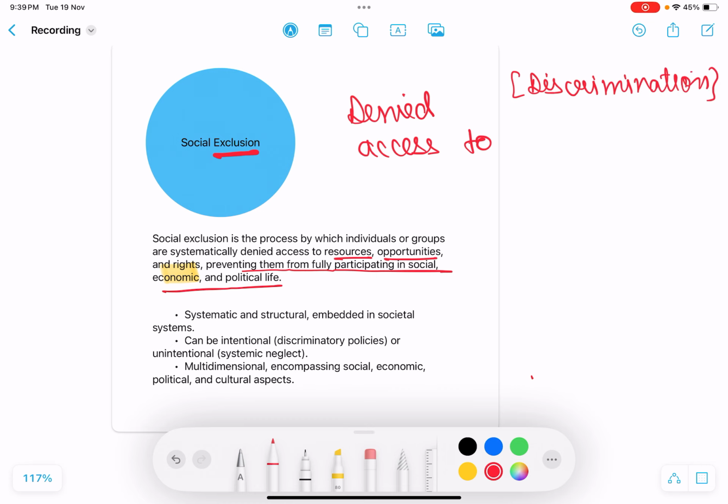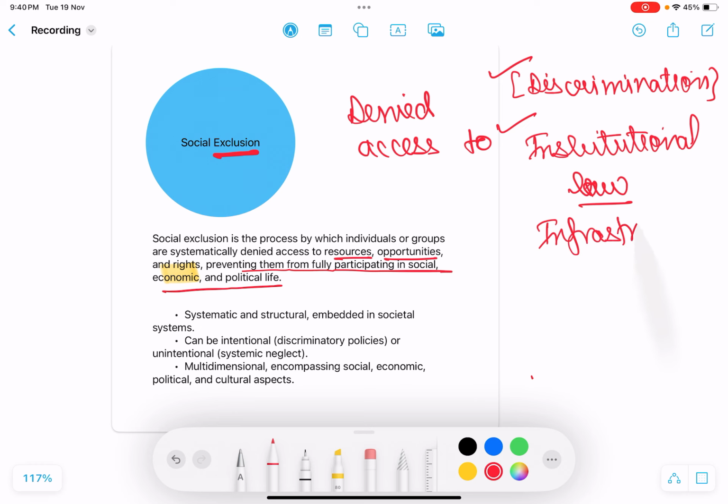So it is a result of discrimination in many cases, and people can be socially excluded in a whole lot of ways. It could be discrimination, it could be institutional, because of law. Let's just say the law does not extend its rights and privileges to everybody. It could be on account of how infrastructure is developed, and everybody does not have equal access to equal developmental parameters, and so people are excluded from benefits.